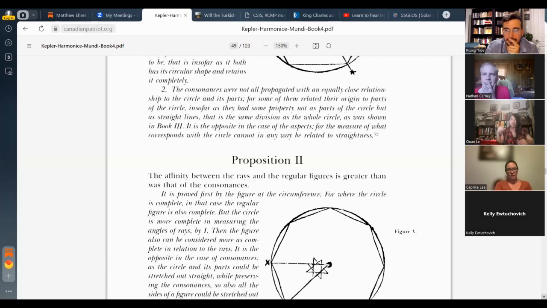But when you are speaking about aspects or configurations of rays, we are more attached to the framework of the circle because we need the angles, and it's not the case with sounds. When he was speaking of consonances, he was speaking about pleasing sound to our ears. Yeah, that's right. That's going to take a couple days to digest.